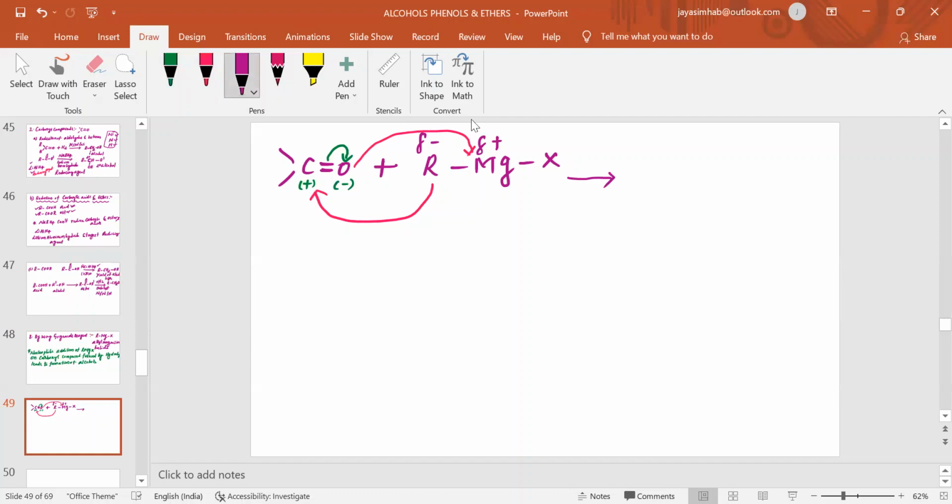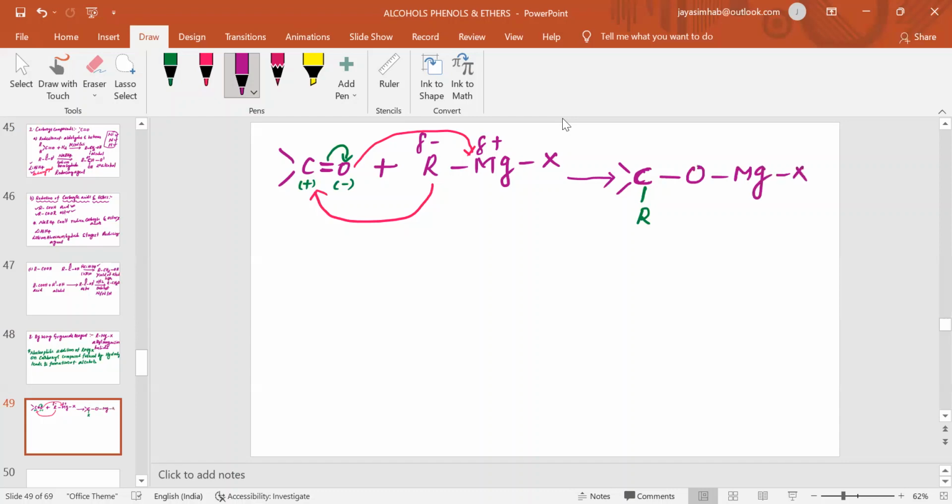We'll write it. See, this carbon is attached with R, right? I can change the color of the compound R. So R came here, right? Then this oxygen is combining with magnesium halide.